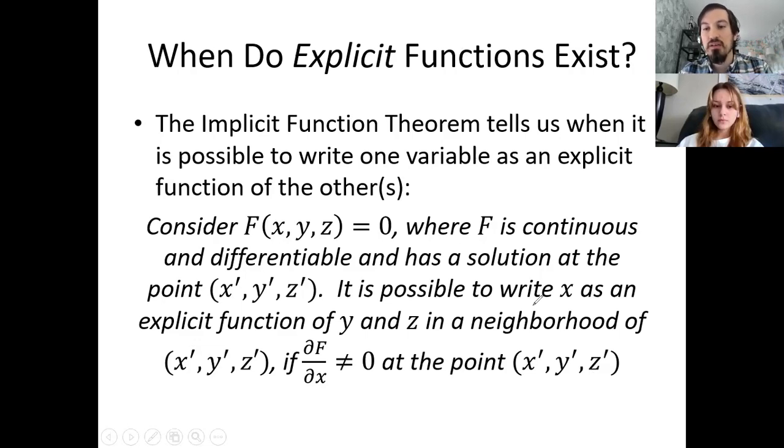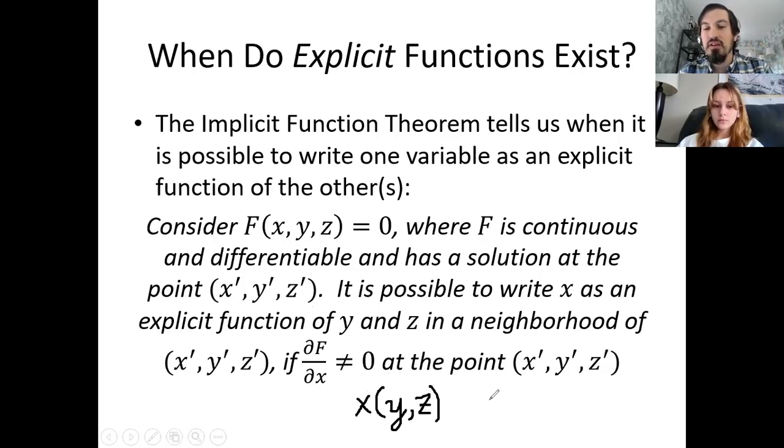How would you denote this sentence here? It is possible to write x as an explicit function of y and z. The shortest way I could think of to write that is like this: x as a function of y and z. Right? You could write it that way. Although sometimes people don't like this.